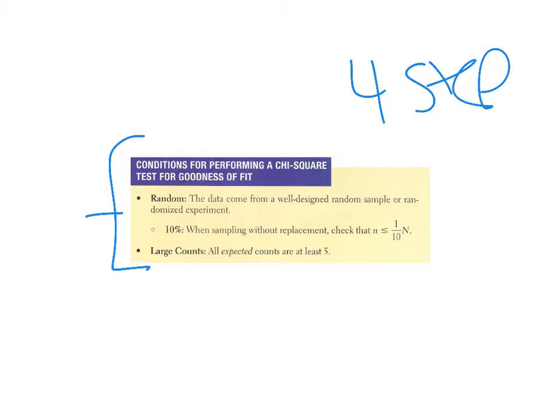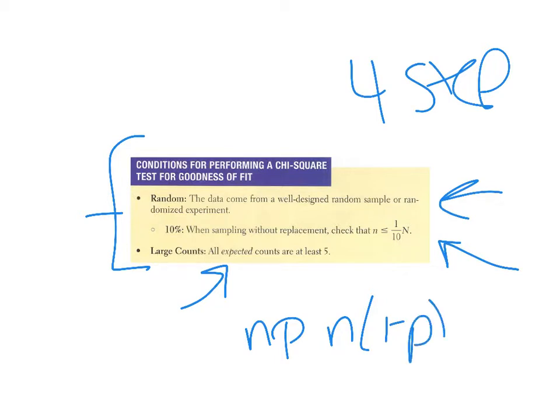So the conditions are the same for randomization, and if I'm sampling without replacement, my sample size needs to be less than 10% of the whole. My large counts condition is a little different here. I have large counts, just like I did for proportions, but before I had np and n times 1 minus p.